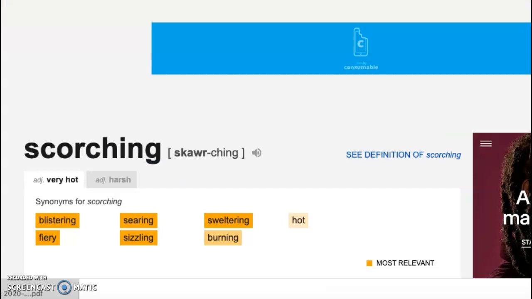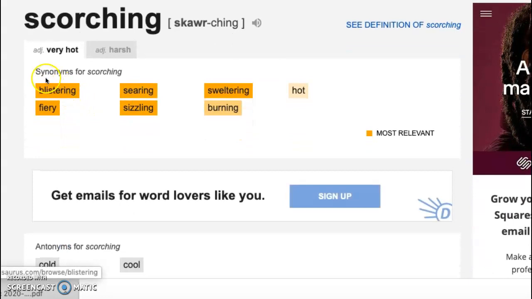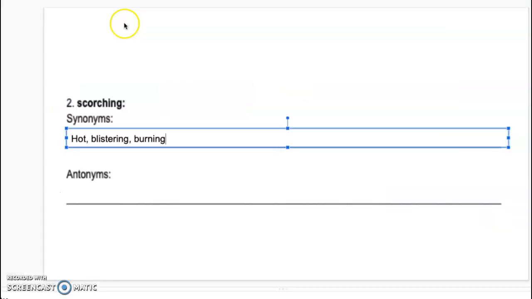If I scroll down a bit, here's what I see. Synonyms for scorching: blistering, searing, sizzling, fiery, sweltering, burning, hot. You can choose any one of those. Go ahead and pause the video and write down at least 2. Okay, did you choose the same ones that I did?